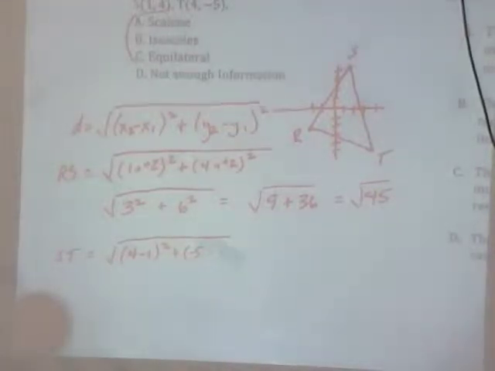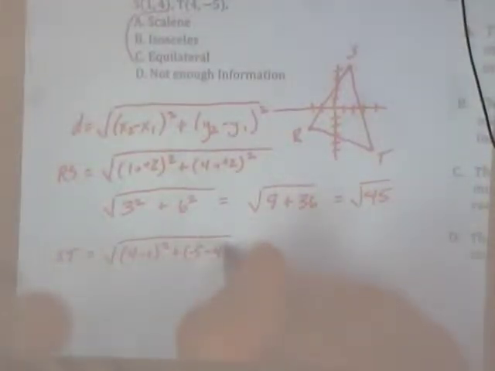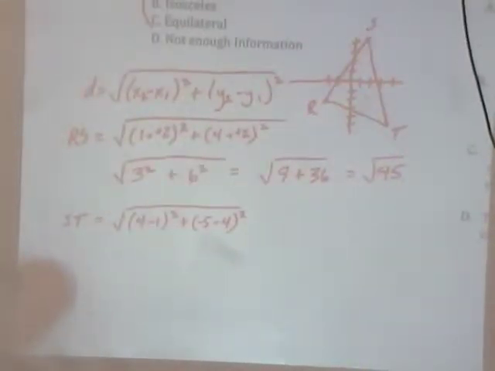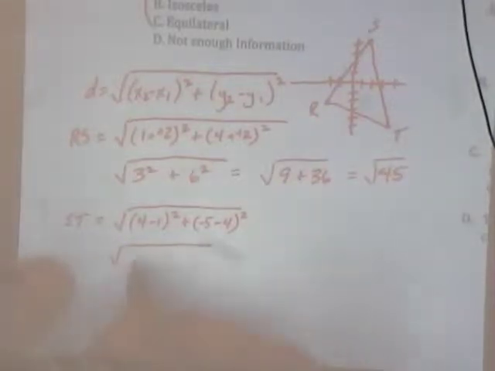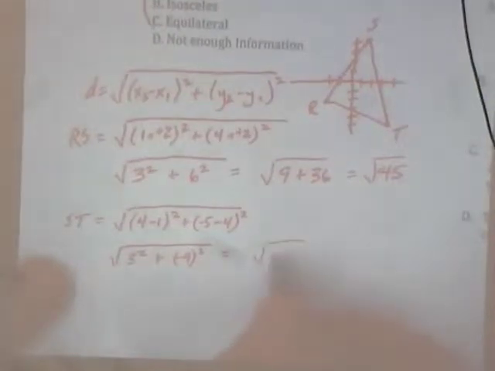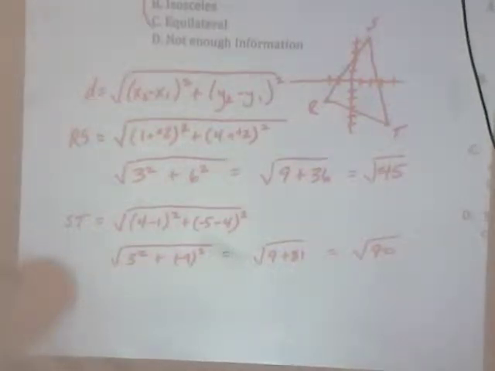Let's check ST now. 4 minus 1 squared plus negative 5 minus 4 squared. Three squared plus negative 9 squared is the square root of 9 plus 81. So that's the square root of 90. And what's the last one?